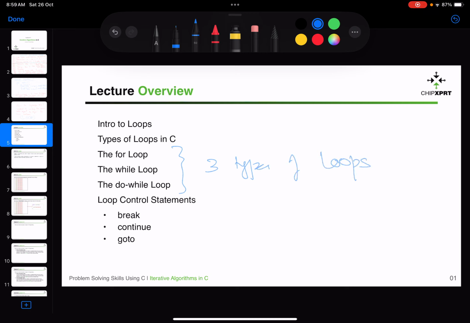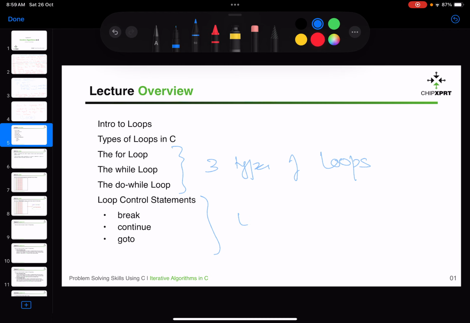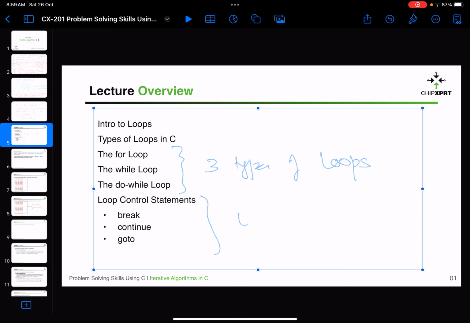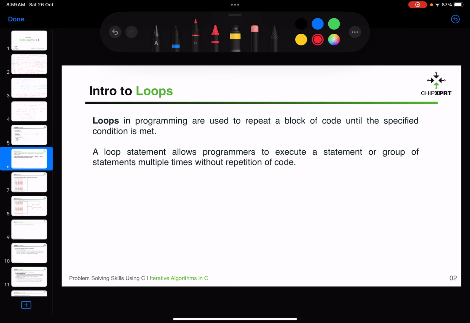We will be discussing when to use what, and then there are certain loop control statements. So if you want to change the behavior of the loop, then when to use break, continue, and goto.